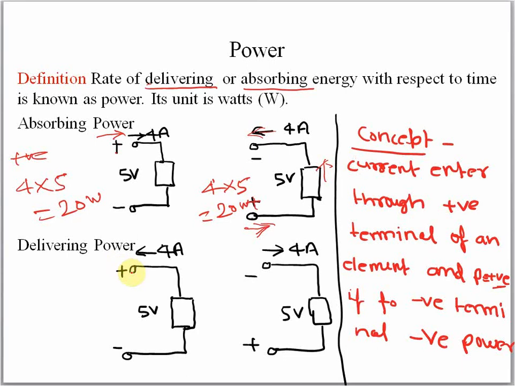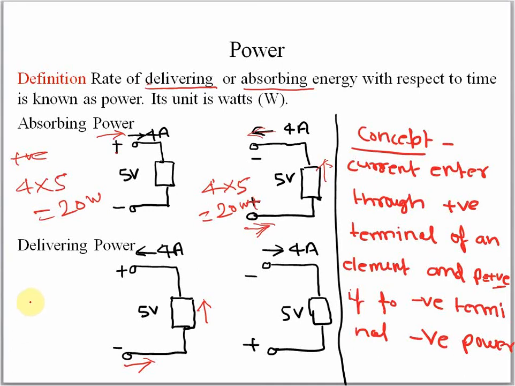In the third circuit, we can see the direction of current is entering the negative terminal, which means we have delivering power.